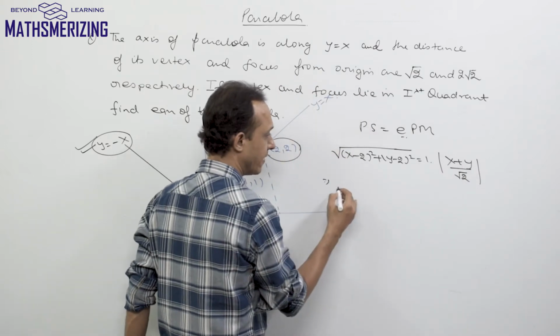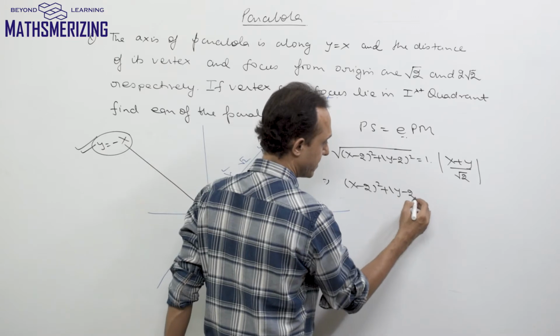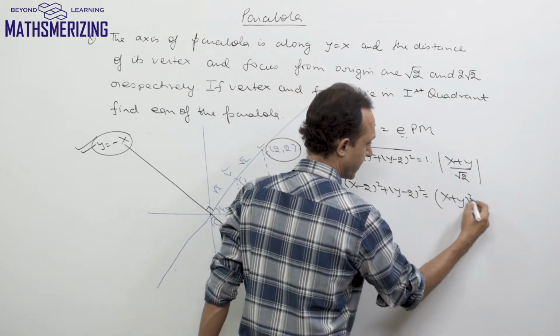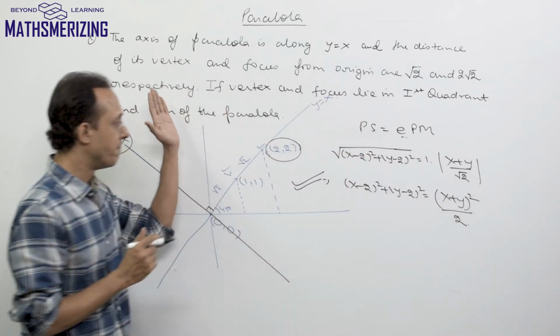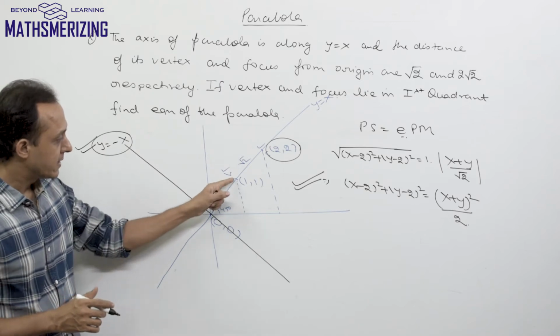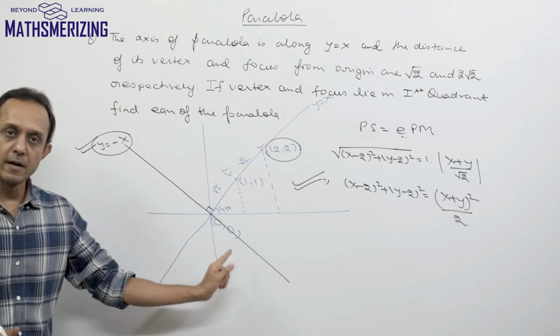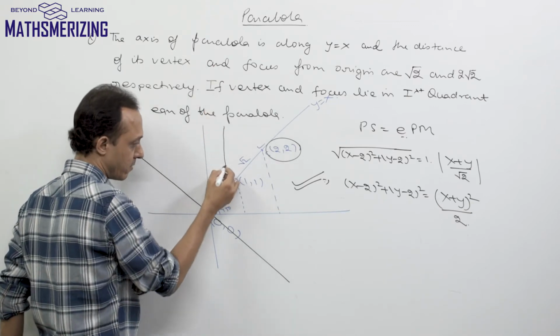So if we square it, we write (x minus 2) whole square plus (y minus 2) whole square equals (x plus y) whole square upon 2, and that is the equation of this parabola. So vertex at 1 comma 1, focus at 2 comma 2, directrix y equals minus x. So this is how we can draw this parabola.